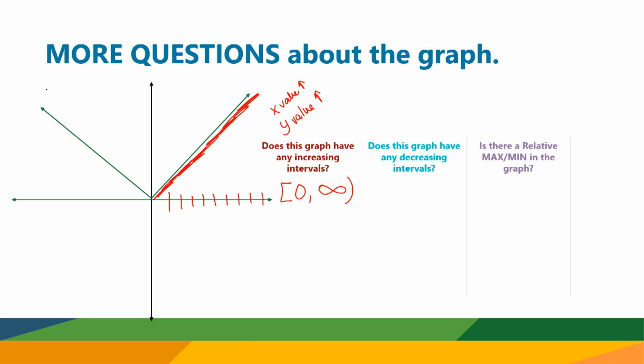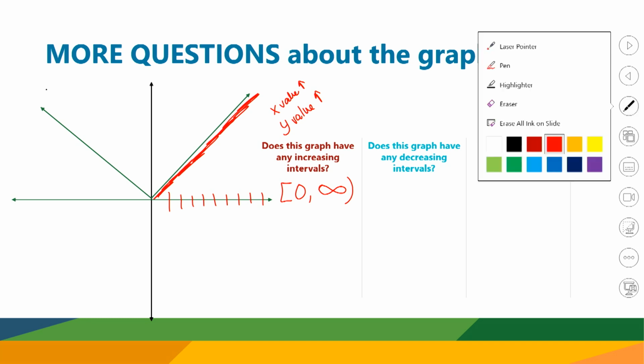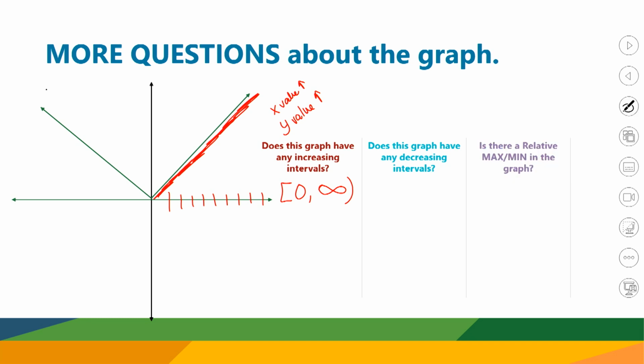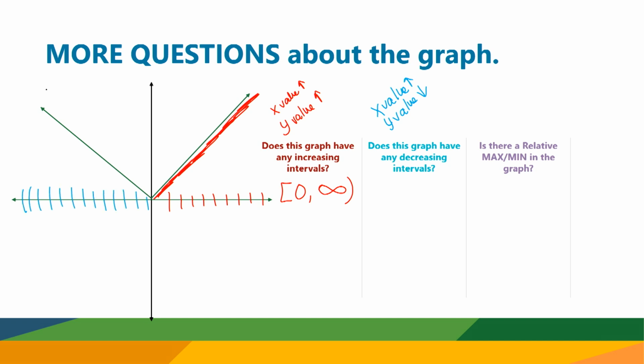Does this graph have a decreasing interval? So let's see. Well, for this to happen, as my x values increase, my y values what? They decrease. So my x values are getting bigger, getting bigger, getting bigger, but my y values are dropping, or getting smaller.